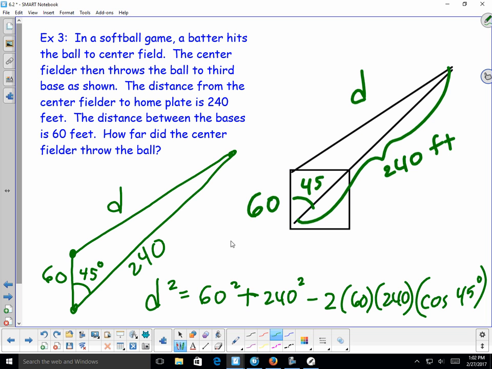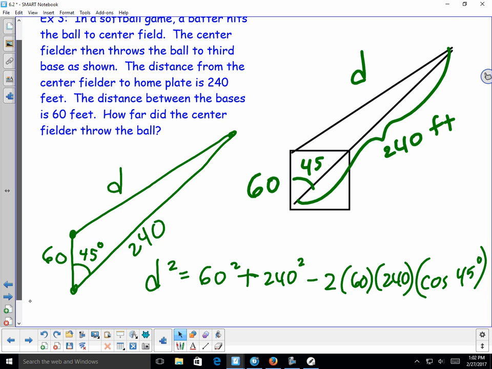Okay, so you're working this out. All right, what'd you get for your answer here? 202.1.